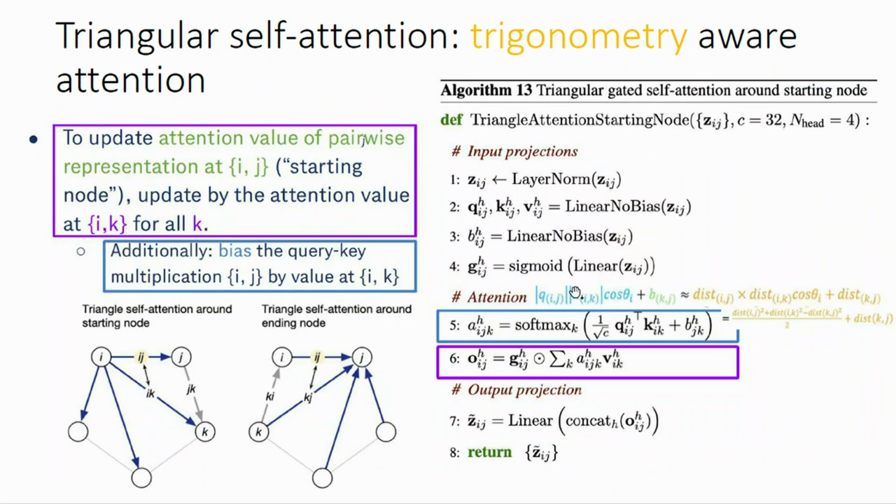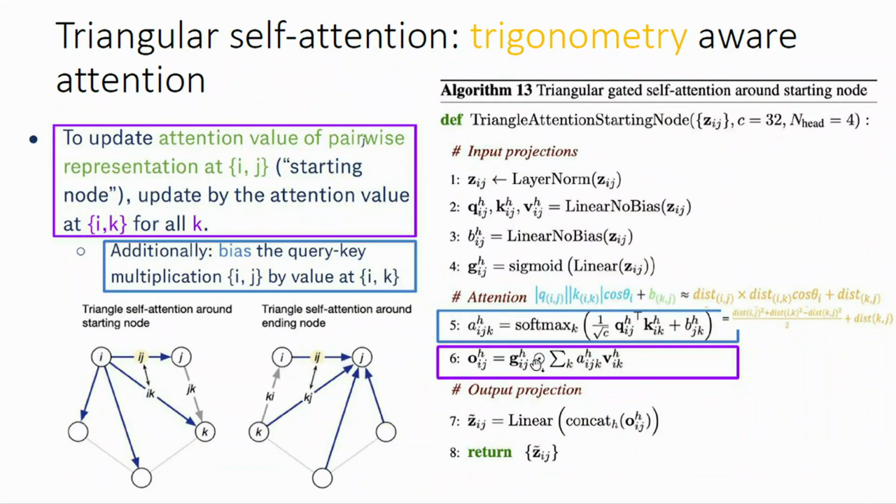You could rewrite this term into the squares of the distances of the three edges, so this term is approximately equal to that term. Therefore, if something breaks the inequality, it will have a lower attention weight, and something that preserves the inequality will have a higher attention weight.